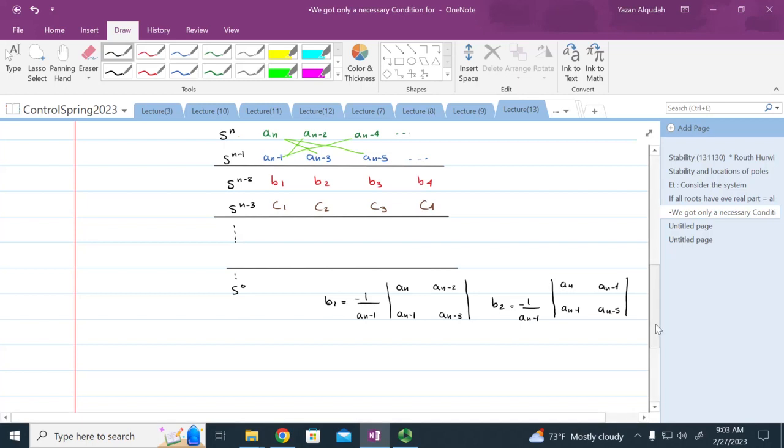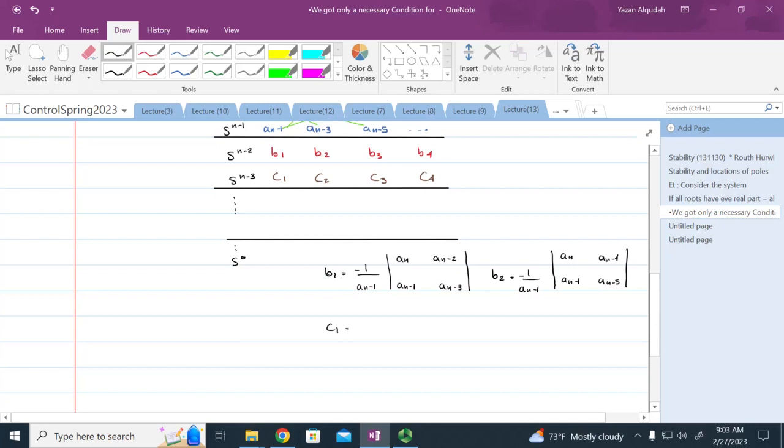And C1 is going to equal negative 1 over B1, the determinant of a_{n-1}, a_{n-3}, and B1, B2. And C2 is going to equal negative 1 over B1, the determinant of a_{n-1}, a_{n-5}, and B1, B3.